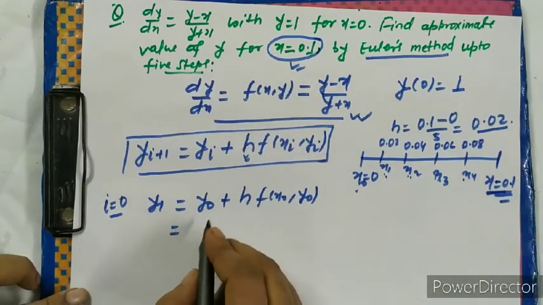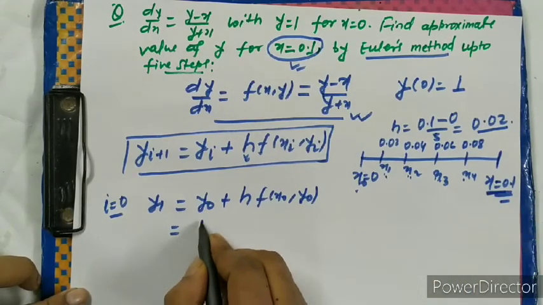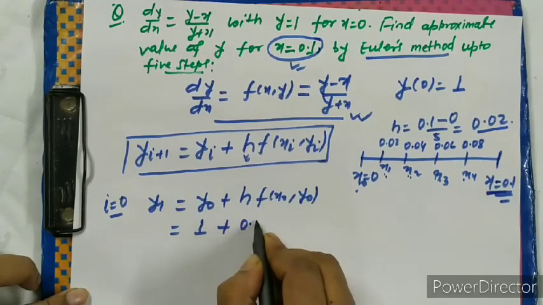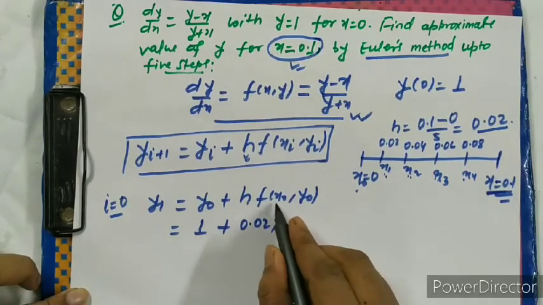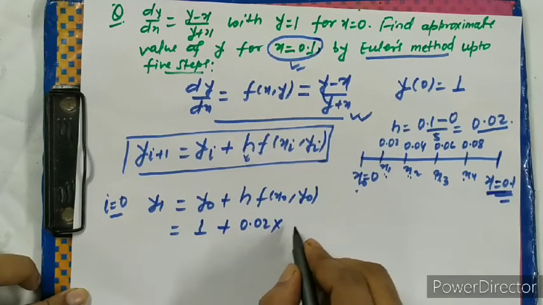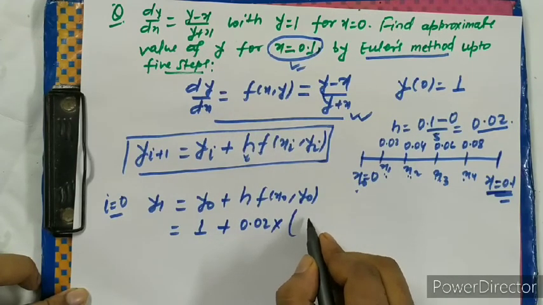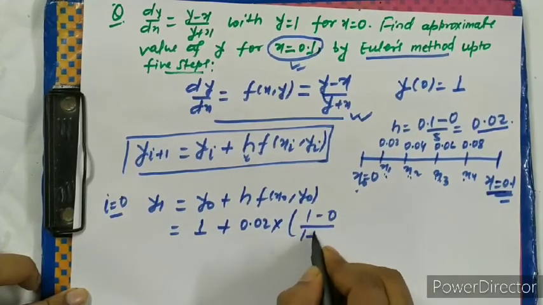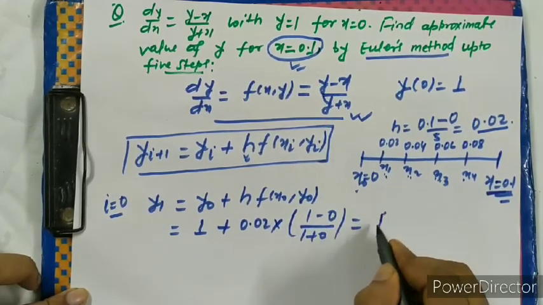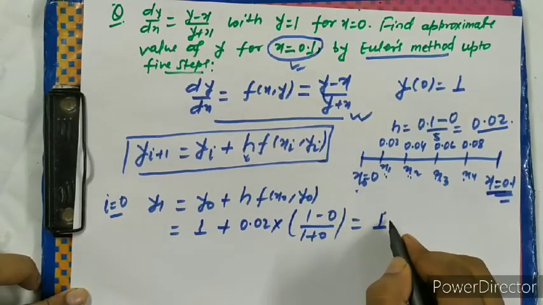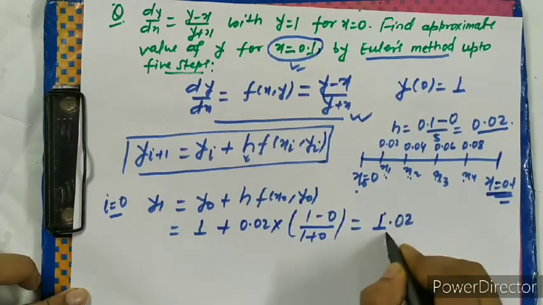Okay, so y1 is 1 plus 0.02 into (y naught minus x naught) divided by (y naught plus x naught). So 1 minus 0 divided by 1 plus 0. You can use your calculator and find the value. You will get 1.02. You can check.